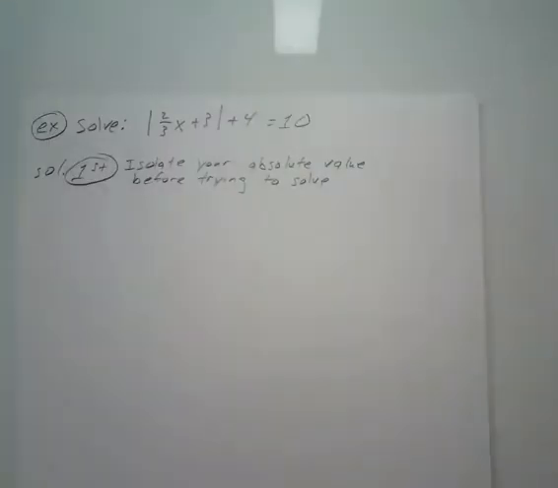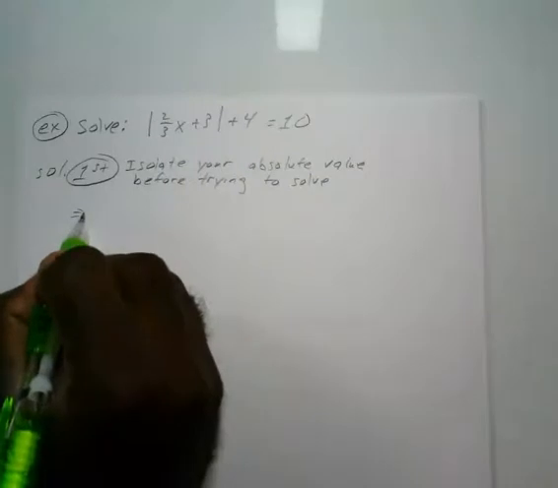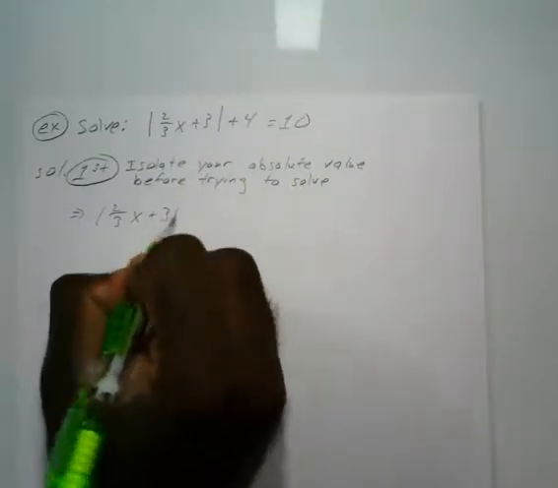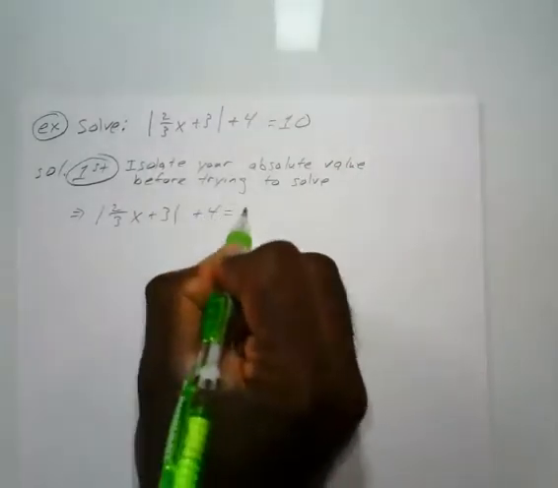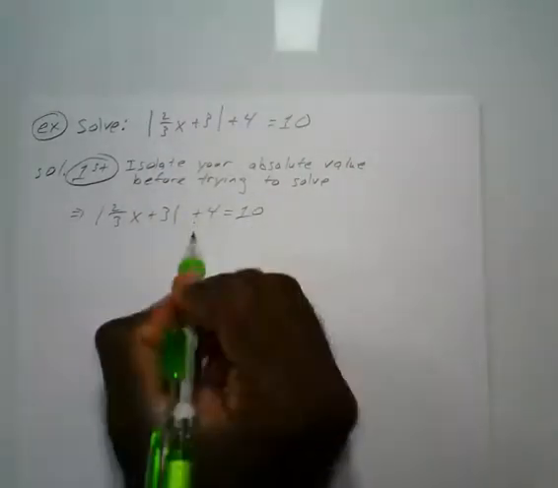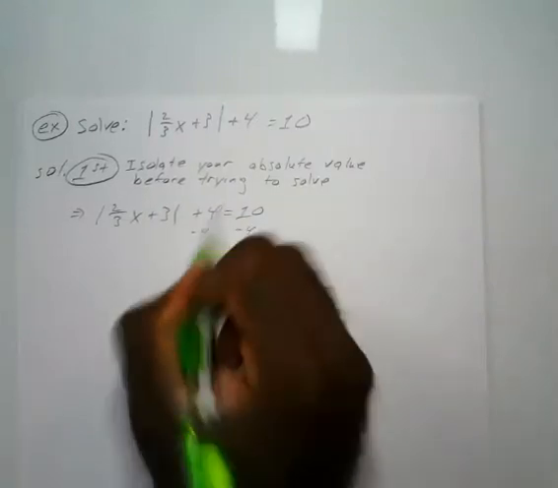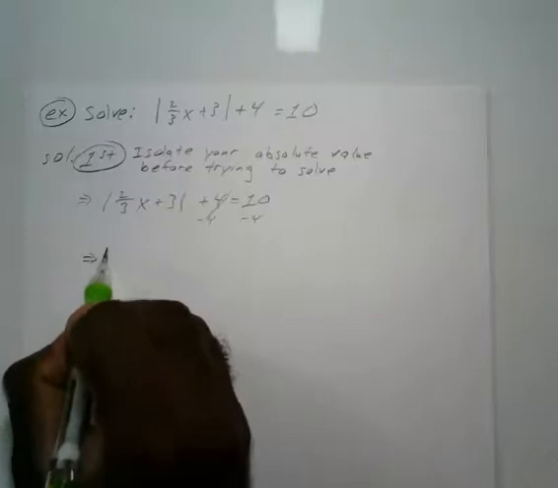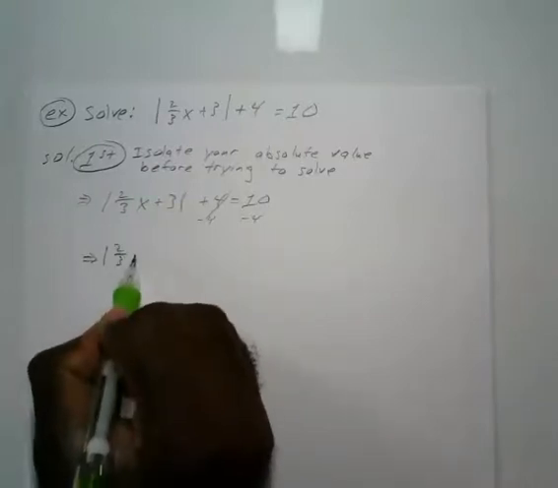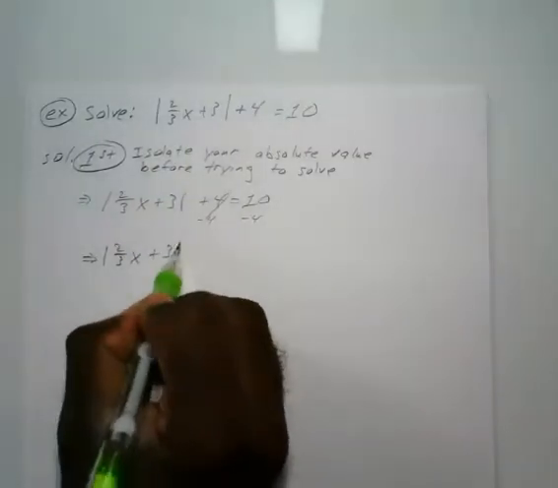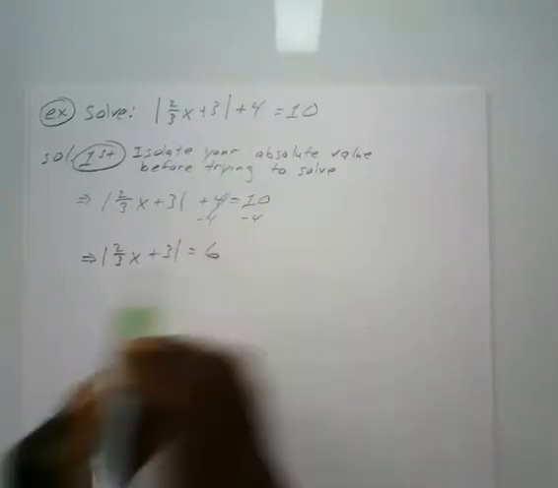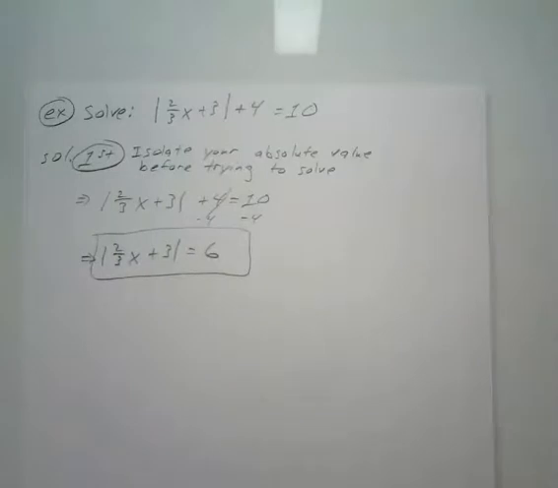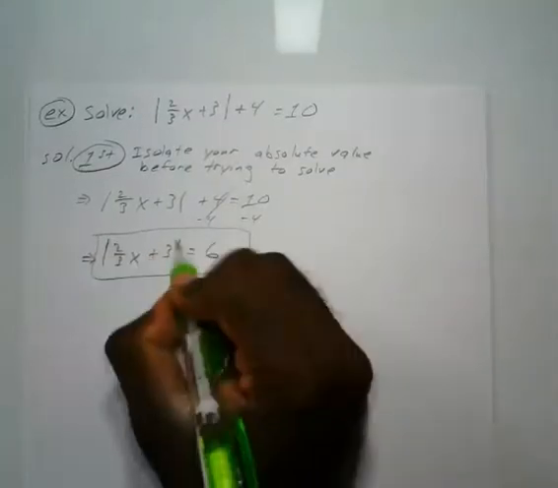So we subtract 4 from both sides, which gives us the absolute value of 2 over 3x plus 3 equals 6. Now this is what we're going to solve.